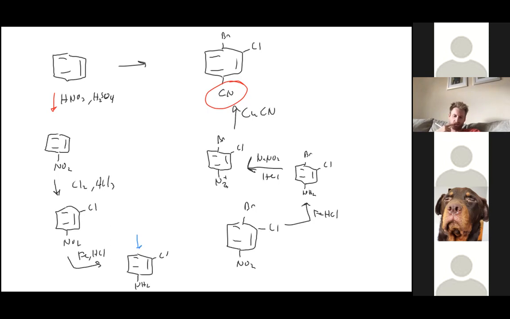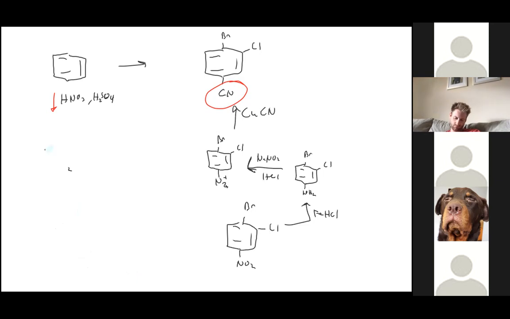We could have brominated first. So if we add in Br2, FeBr3, I think this should still work.